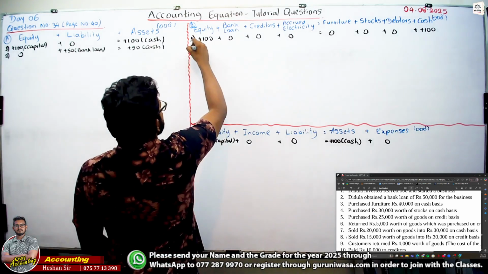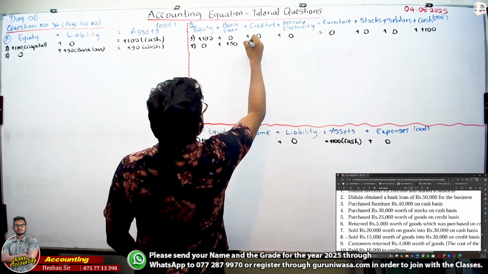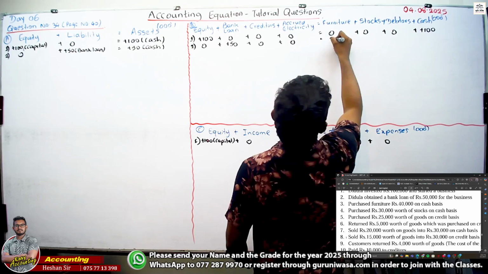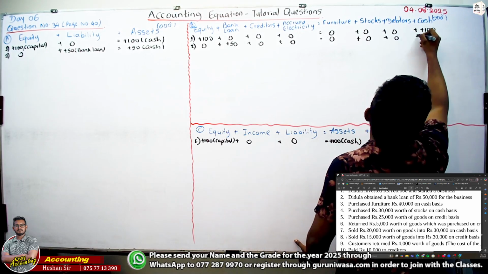So number two, bank loan liability increase 50, cash increase 50.